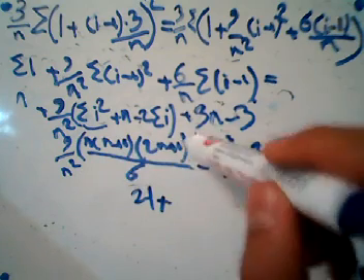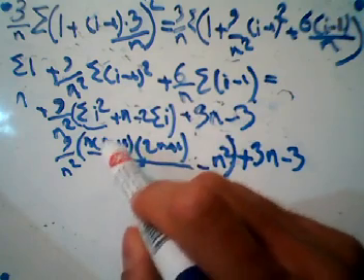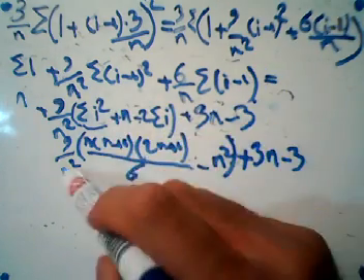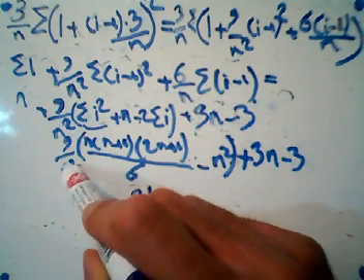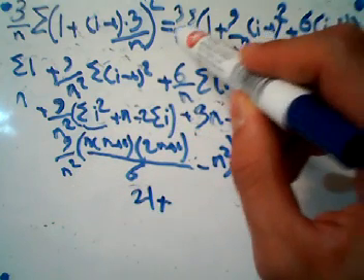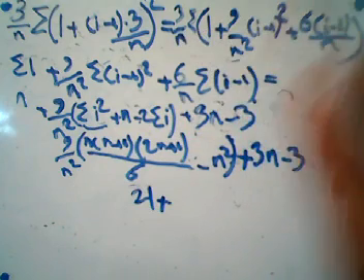The biggest term is degree 3, and the degree 2 term, after multiplying by this becomes a number, and after multiplying by this goes to the denominator.